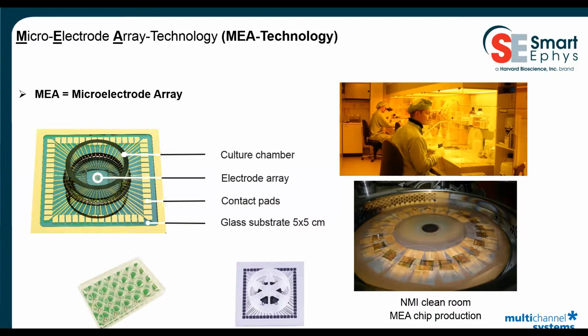There are various types of different MEAs available. Here are examples of a 6-well MEA and a multi-well plate for higher throughput recording. It depends, of course, on the application and on the customer's wish what you want to use.